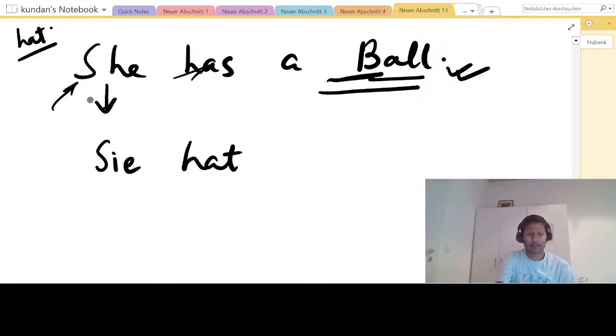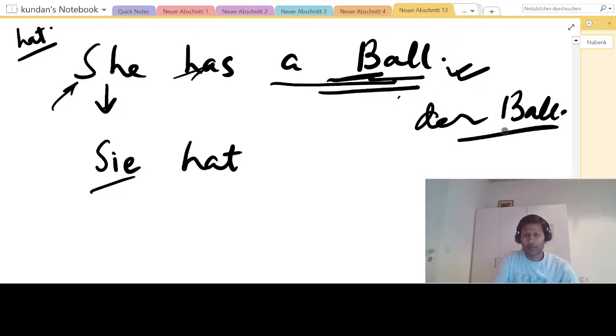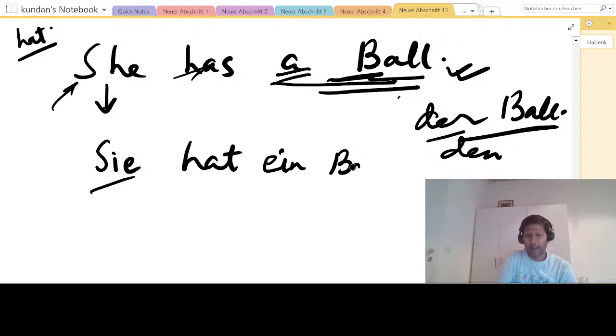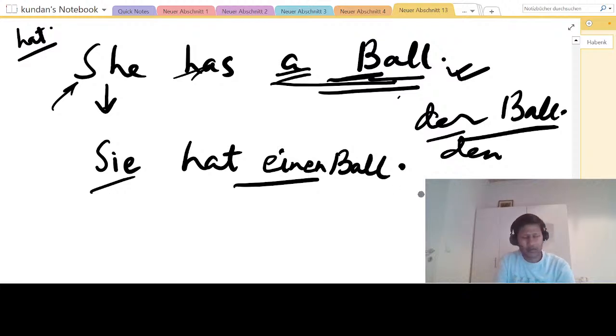Only the object ball, which is the direct object, is accusative. Now it is der Ball, so it is masculine, so this will definitely change. Der will become den, and ein will become einen. I can't write ein Ball, this will be einen Ball. So, sie hat einen Ball. I hope this part is clear.